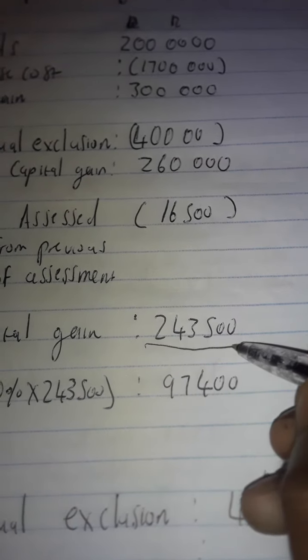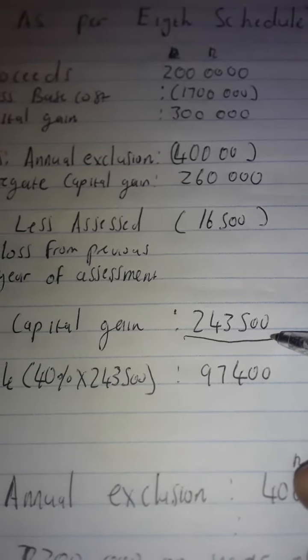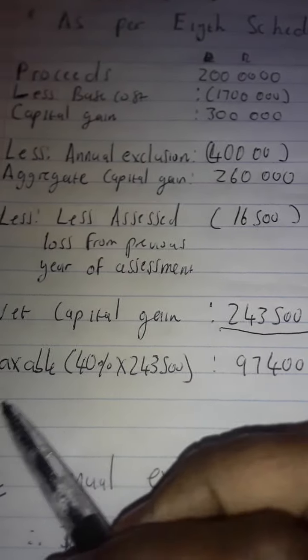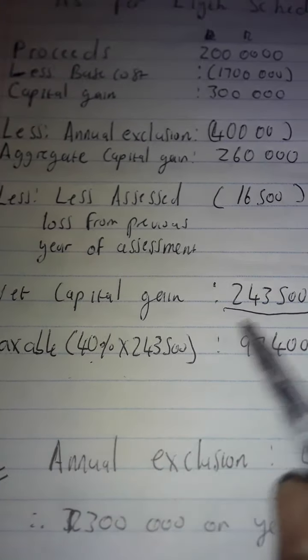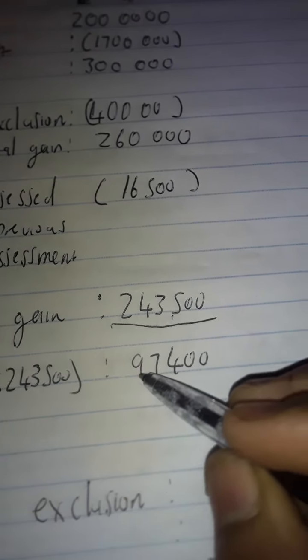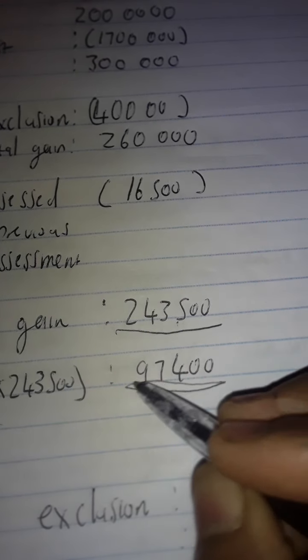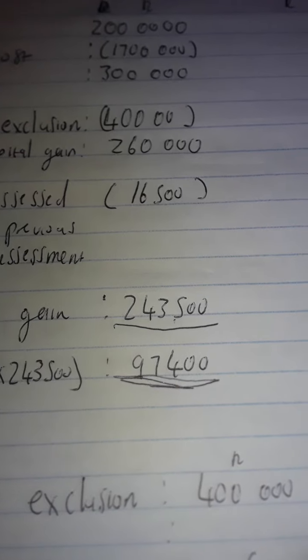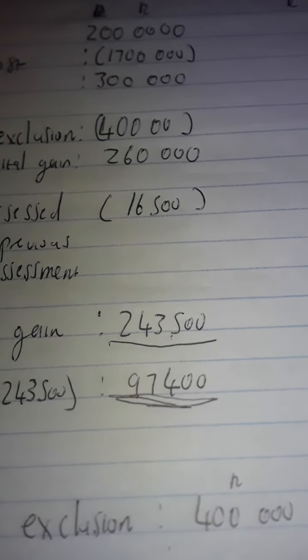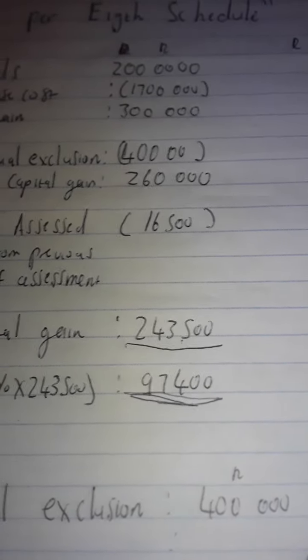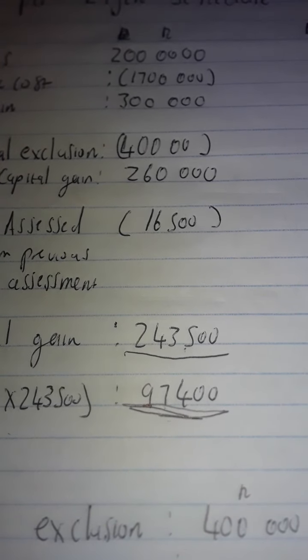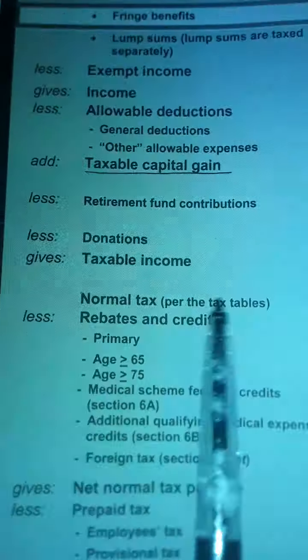Now the taxable capital gain. This amount is not taxed fully, right? From a natural person's point of view, only 40% is taxable. So this is 40% times the amount. This is actually the amount that will be included in your income tax framework. It's this amount of 97,400 that would be included.